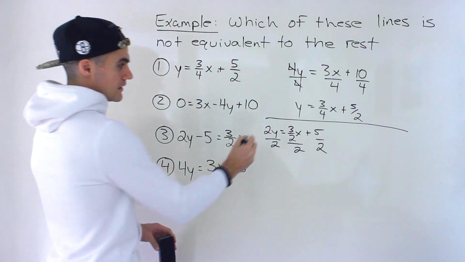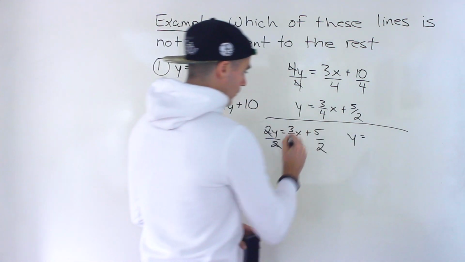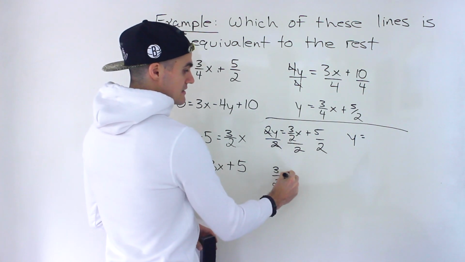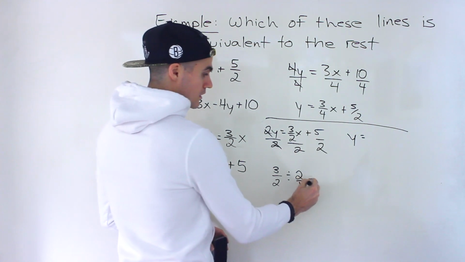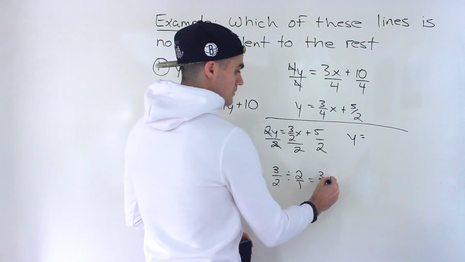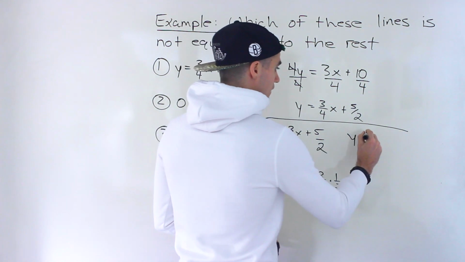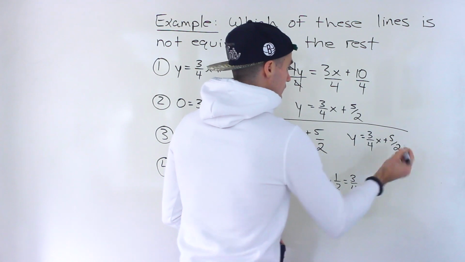The 2's cancel out, so we'd end up with y equals, now what's 3 over 2 divided by 2? Let's do this separately. It's like dividing by 2 over 1, which is like 3 over 2 times 1 over 2, which is 3 over 4. So we'd have 3 over 4x plus 5 over 2.